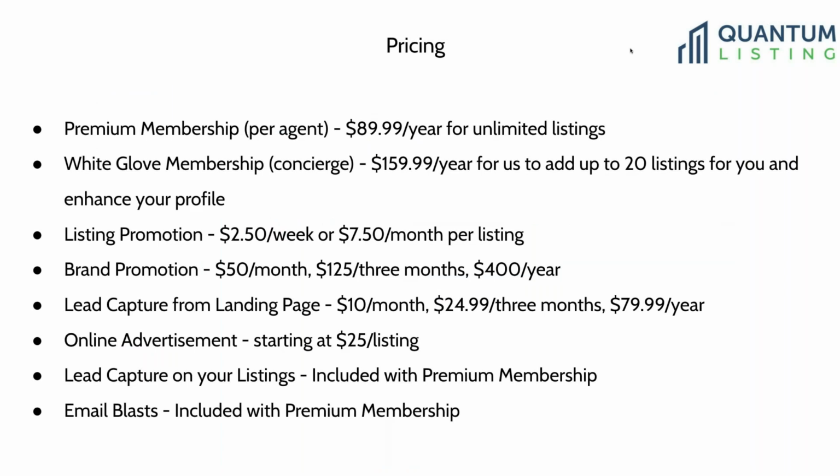So we talked about $89.99 per year for unlimited listings. That's per agent too. It's not for the entire office, although if you have a dozen or more agents in your office, we cap that out at $999 a year per office. If you have multiple offices, we do want you to pay for each individual office.